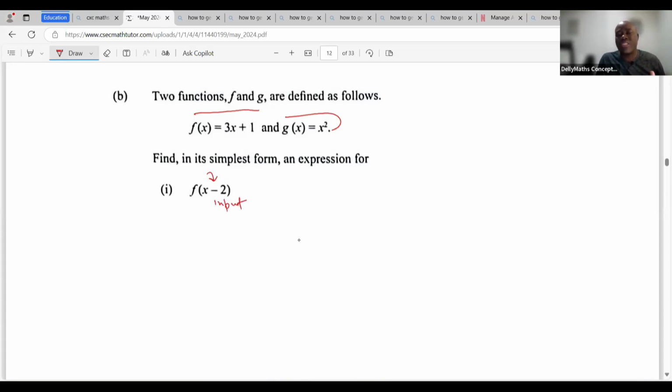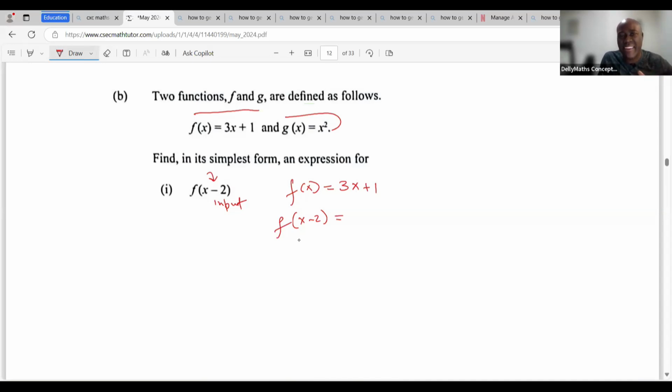So let us go for that f function, because if I'm going to be using the f function, I need to have it here to work with. So f of x is equal to 3x plus 1. Our intention is to find f of x minus 2. What this means is I'm going to substitute x minus 2 where the x is.